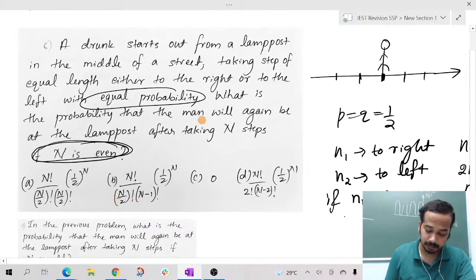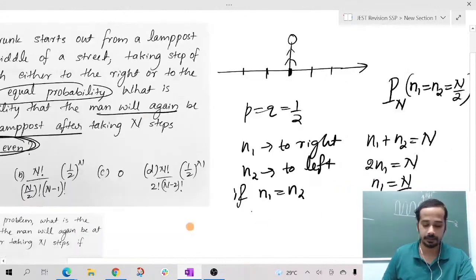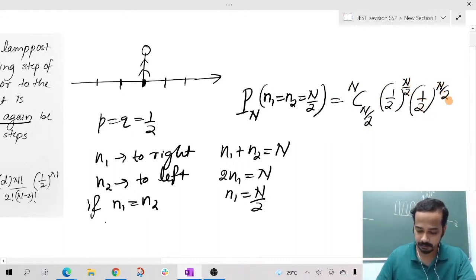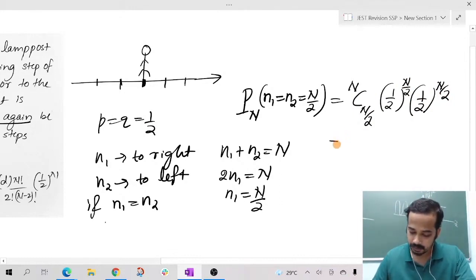What is the probability that a man will again be at the lamp post after taking n steps if n is even? Okay? So now this is equal to nC(n/2), so half raised to n by 2, half raised to n minus n by 2, that's n by 2 again. Isn't it? This is equal to n factorial divided by n by 2 factorial into n by 2 factorial, n by 2 factorial square.